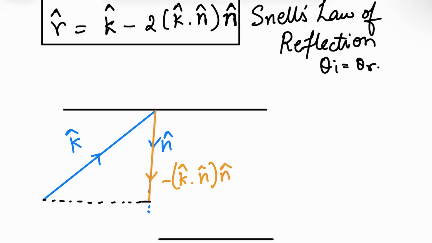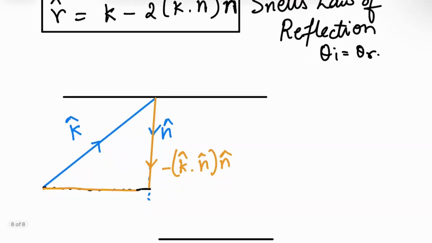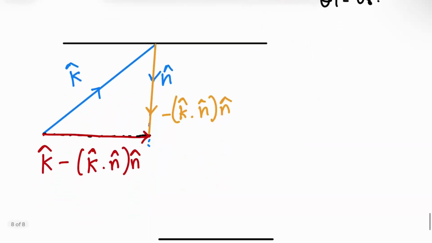Okay, so I add that vector to my k hat. So then this vector, which I can write in a different color, is k hat plus minus of k hat dot n hat times n hat. And if I take another copy, this is k hat minus of k hat dot n hat times n hat, and I add it to this vector.